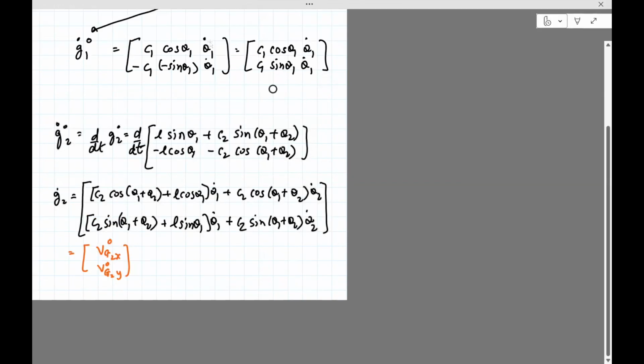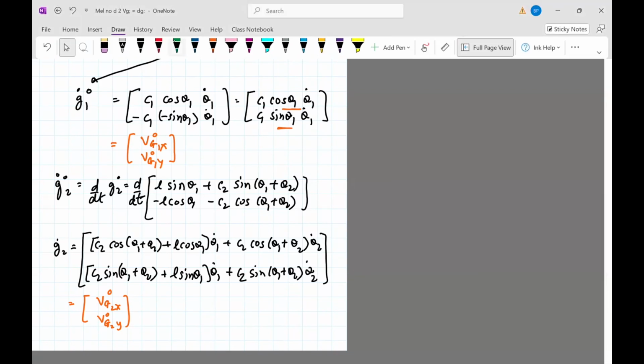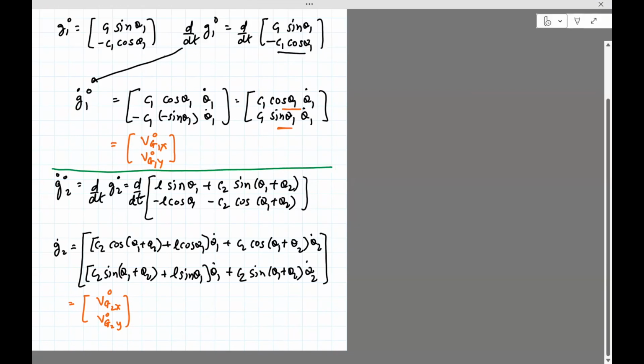And similarly, the first one was in fact VG1, VG1X0, VG1Y0. Right, so this is VG1X, VG1Y. I'm just writing it that way explicitly so that we can use it later on. So this is step 2. This is the hardest step here, to actually do this calculation. Super easy if you write code. Takes a while if you do it by hand. And you really appreciate the code once you see how cumbersome these calculations are.